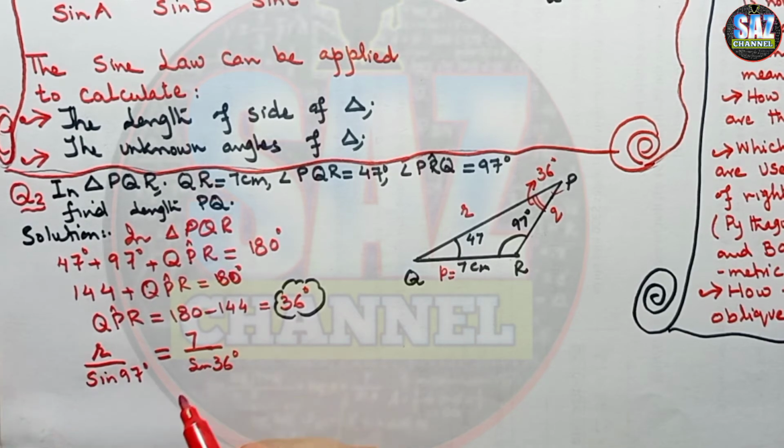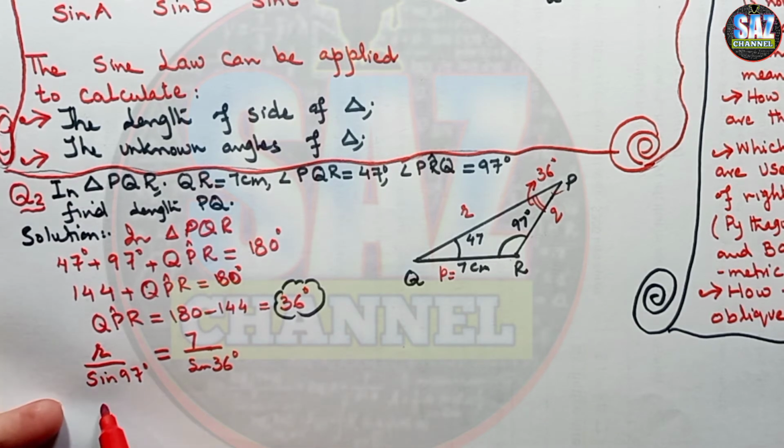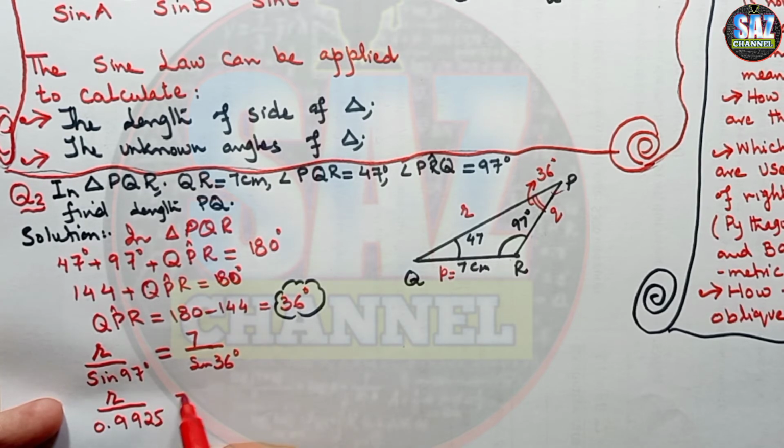Now I have to get the value of sine 97. While using a calculator and trigonometric ratios, you must check the display of your calculator. It must be in degrees, otherwise your calculations will be incorrect. Sine 97 will give me 0.9925. So r upon 0.9925 equals 7 upon sine 36.